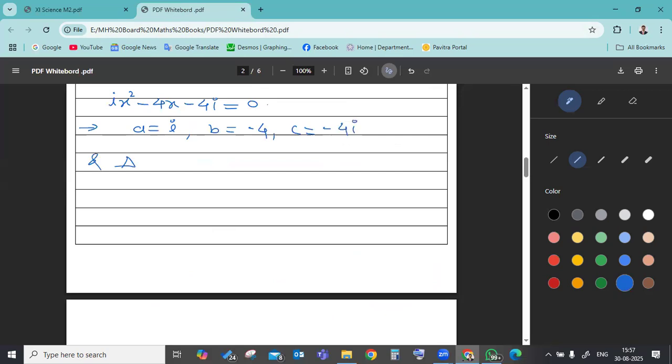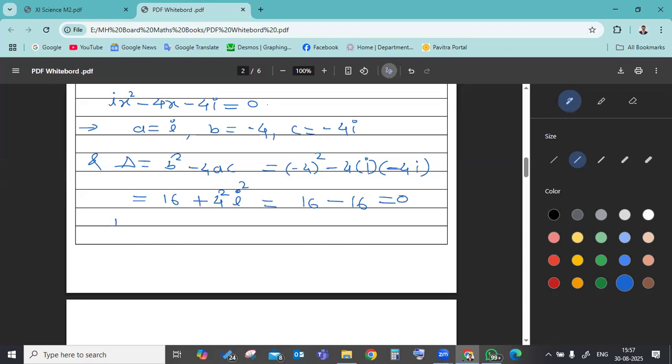Delta equals b square minus 4ac, which is 16 minus 4 into i into minus 4i, so it is 16 minus 16, which equals 0.